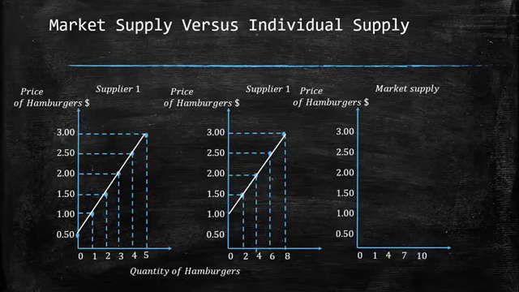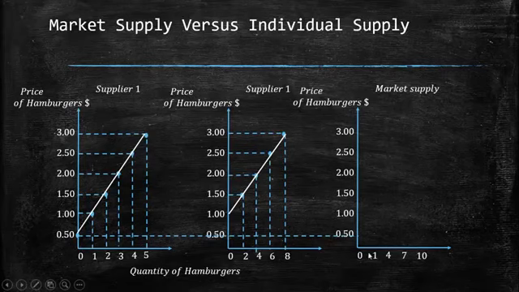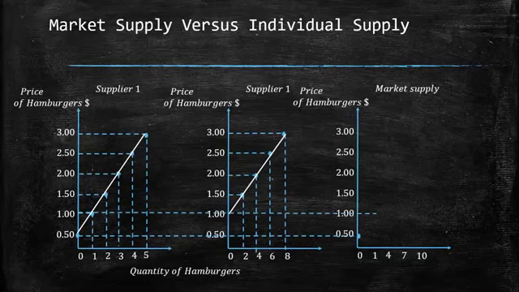So here we have the first. When the price is 0.50, for both sides, the market is not going to produce anything. For the case of $1, only supplier 1 produces, so 1 is supplied.